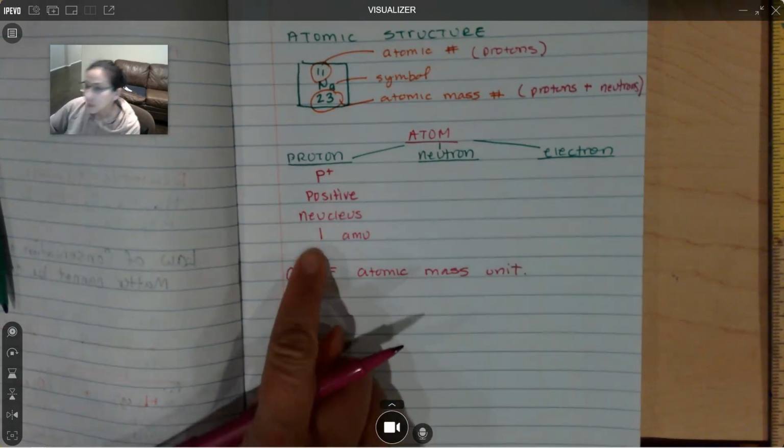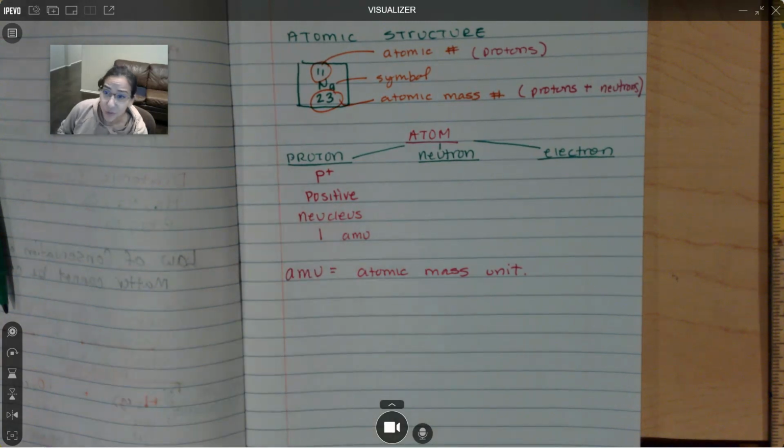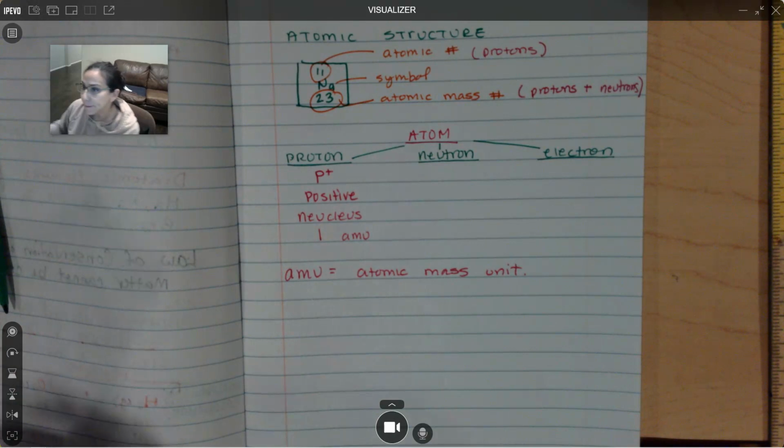Now this is a rounded up number for the atomic mass unit because the mass unit is actually a little bit different, but we round them up for our sake in intro chemistry and at times in Gen Chem. However, you may find the actual mass of all of these particles once you get to Gen Chem and OChem.